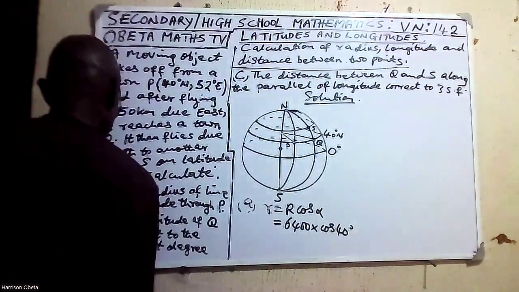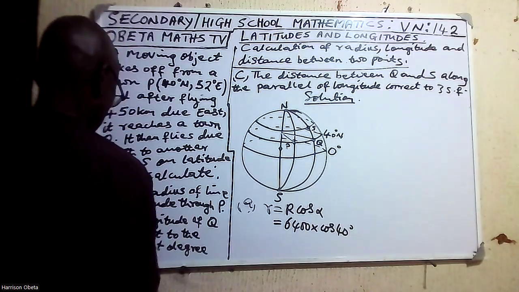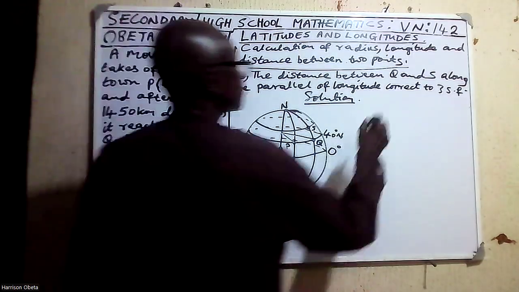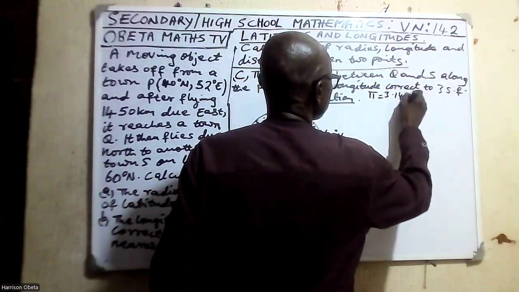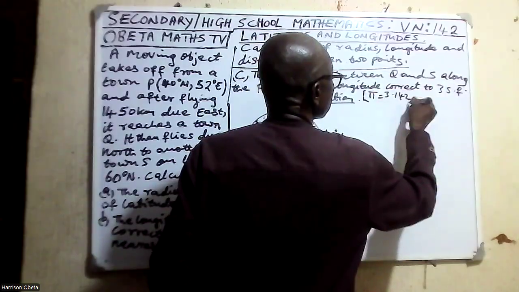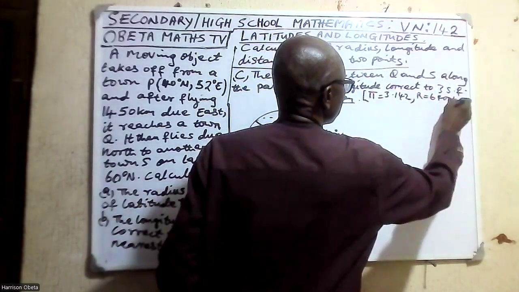Meanwhile, we are given pi as 3.142 and R as 6400 kilometers.